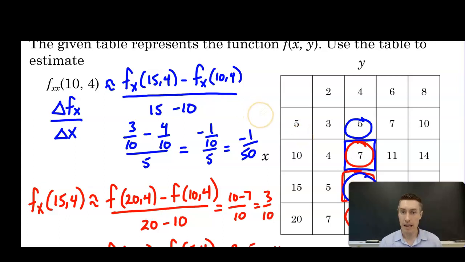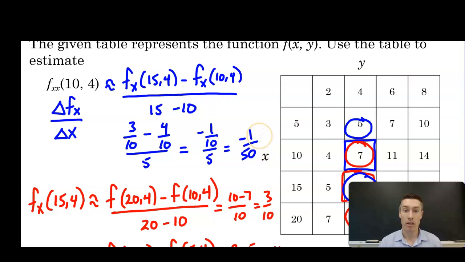Now, we actually have a name for that from single variable calculus. That is called concavity. So the second order partial with respect to only one variable is a discussion about the concavity of the trace, right? So if we drew the curve where y was always 4 on the surface near the point (10, 4), the concavity of that trace at that point would be concave down, right?